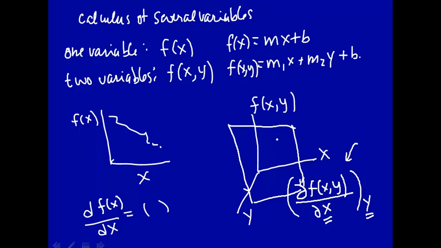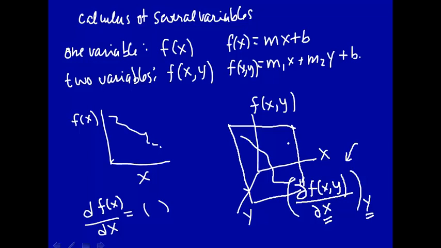So really you're taking the three-dimensional and slicing it up by holding one constant, putting the slices perpendicular to the axis that you're holding constant to convert the three-dimensional into a two-dimensional, and then you look at the function right on this plane and take the derivative.